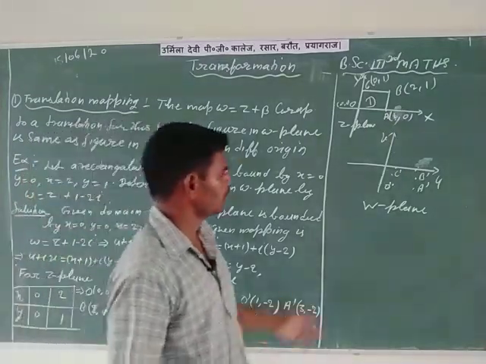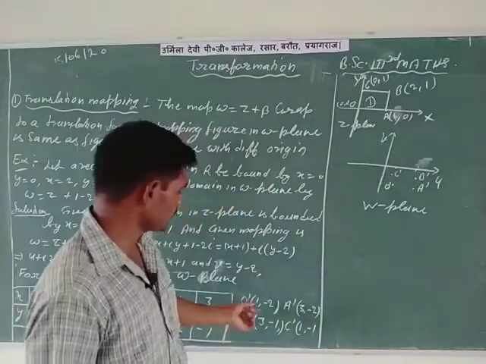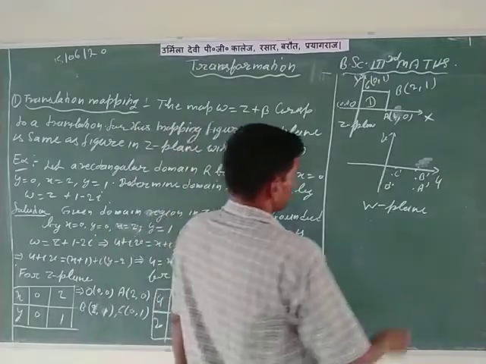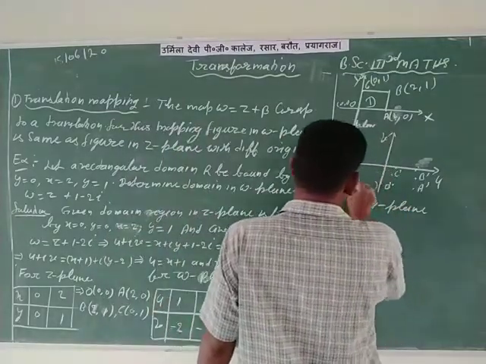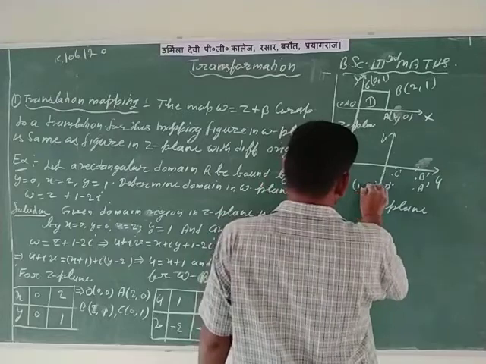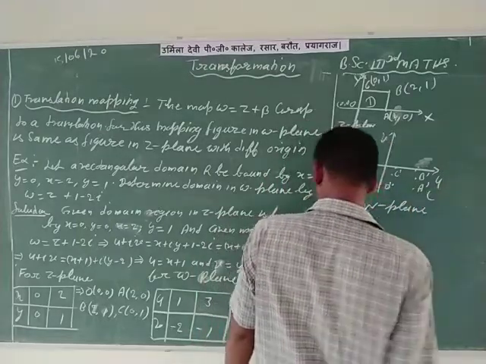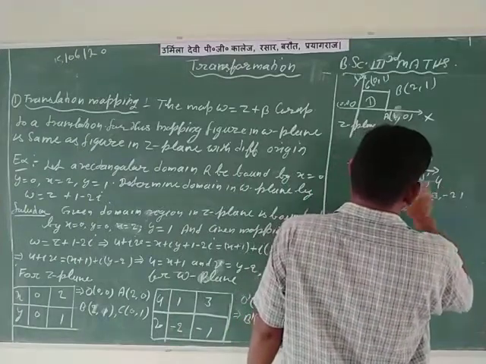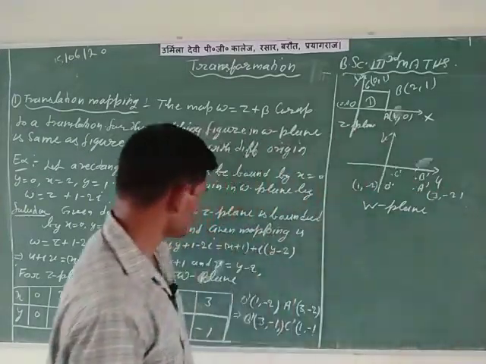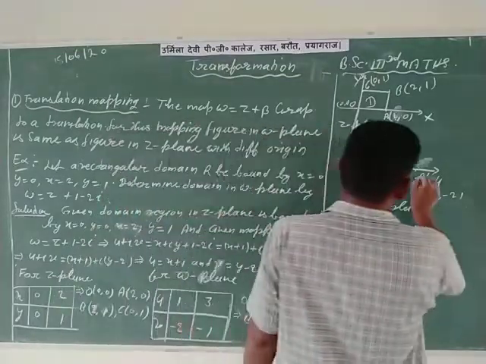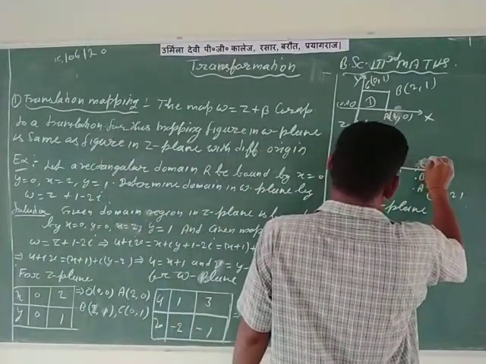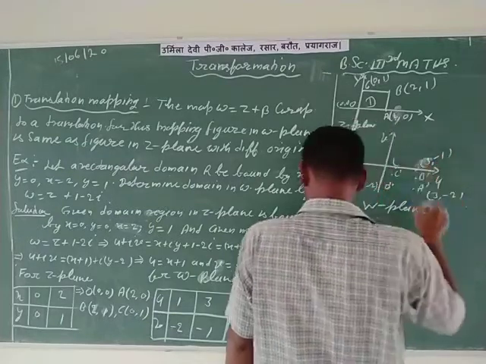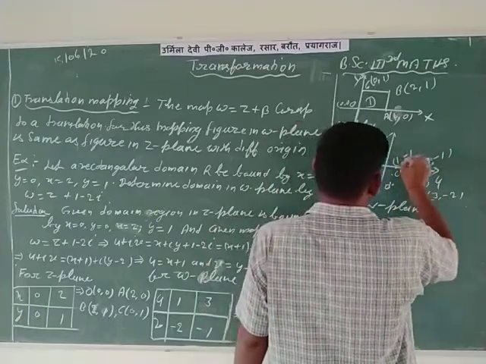So in the W plane, the points are O dash, A dash, B dash, C dash. Draw these points on the W plane. Point O dash is denoted by 1, minus 2. Point A dash is denoted by 3, minus 2, point B dash is denoted by 3, minus 1, and point C dash is denoted by 1, minus 1.